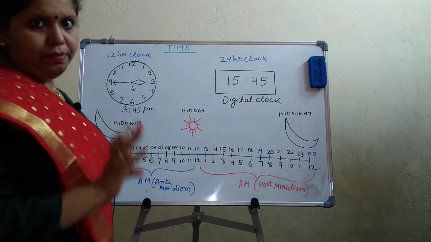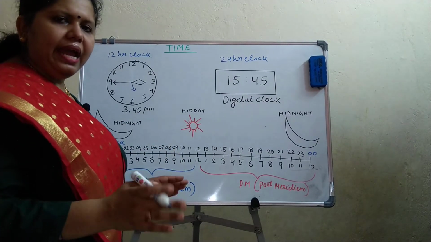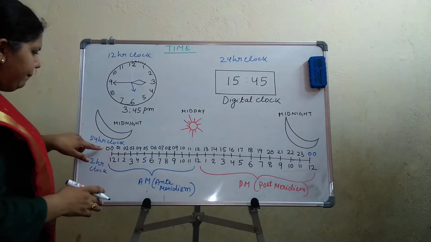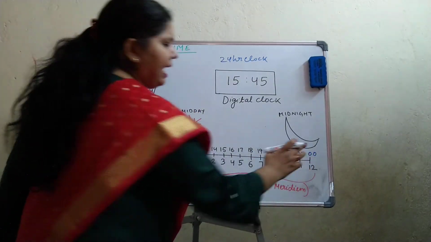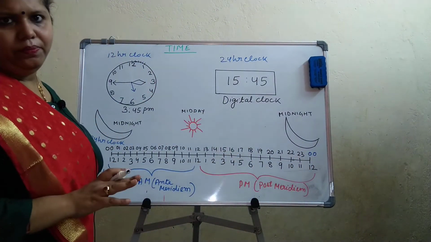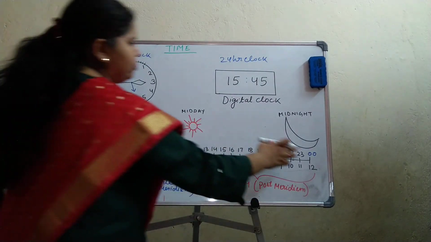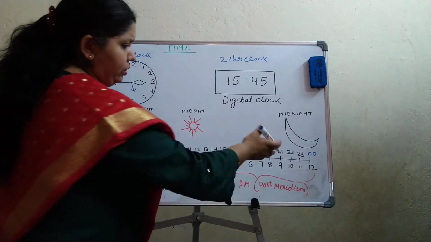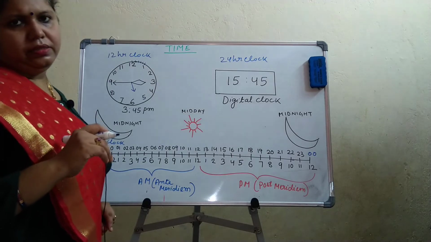This also you have to remember, children. We don't write 24, we write 00, because the starting time is midnight. The next day's midnight also starts at 00. That is why I have put 00 here and here also. So after 23, the next hour is 00. Again from 1, 2 it will start like this.